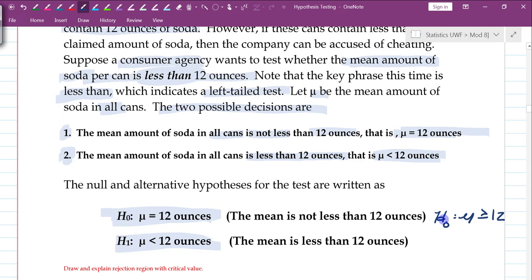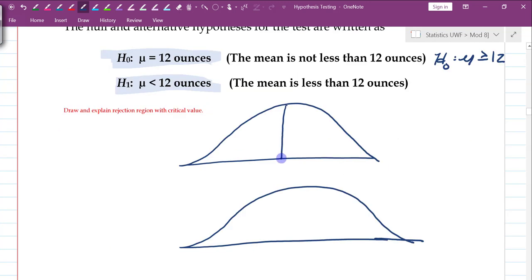Both are 100% correct. So we can put mu equals 12 in the center, and it says right here that I am concerned that we have less than. It's only a problem if we have less than 12 ounces. So there's going to be some value here. What this value is, I do not know, okay?